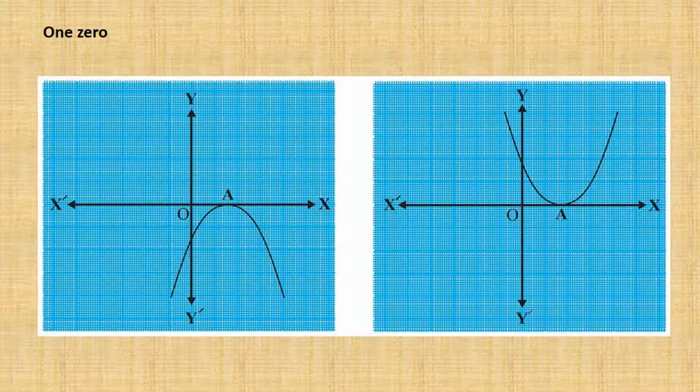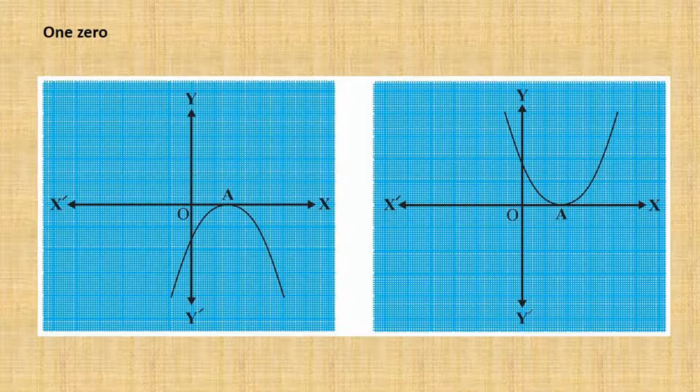We take the x-coordinate of that intersecting point, and that will be the zero. So in this case, we have only 1 zero for the second degree polynomial.